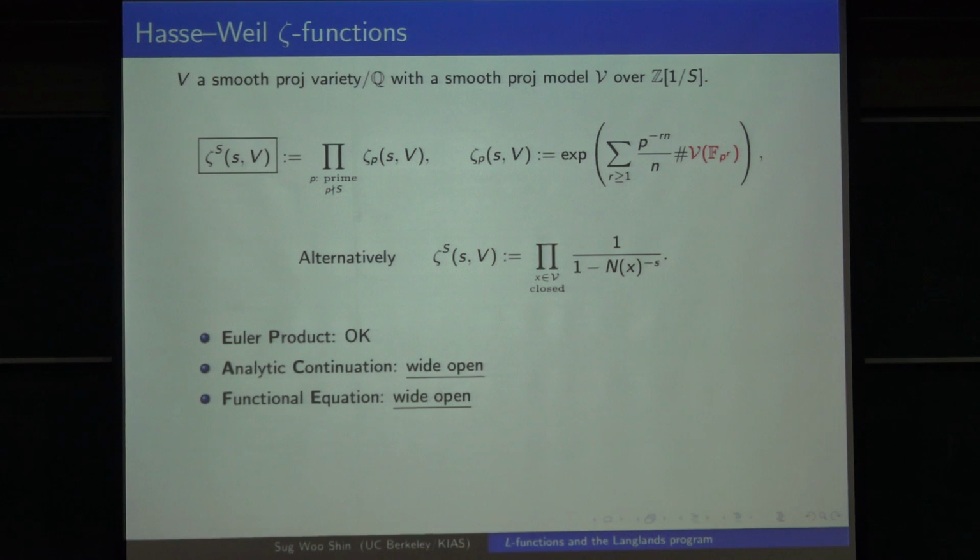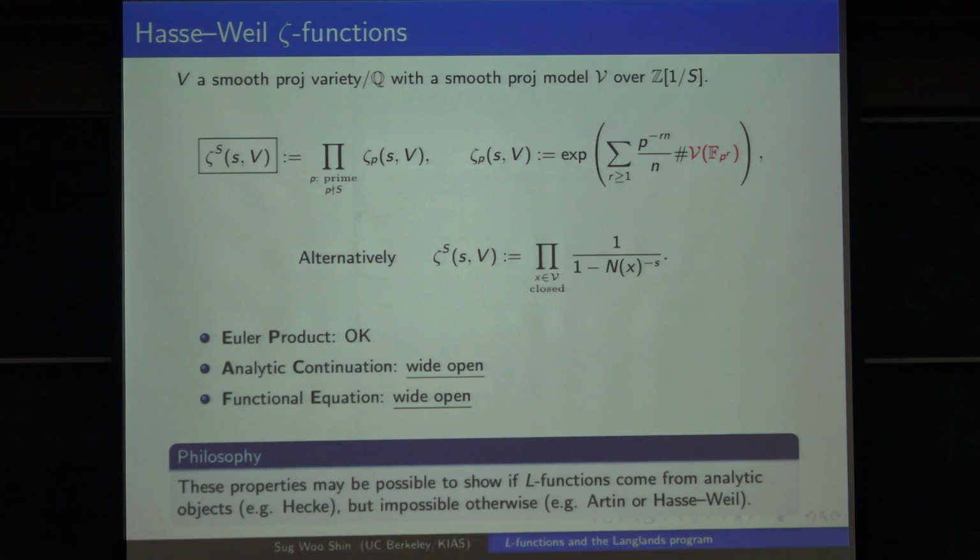All right, so we've seen three different kinds of L-functions: the Hecke L-functions, Artin L-functions, and the Hasse-Weil zeta function. And the philosophy is that, after all, we know these properties only in the case of Hecke L-functions, which live in the world of harmonic analysis. Basically, the philosophy is that these three properties are relatively easy if L-functions come from analytic objects.